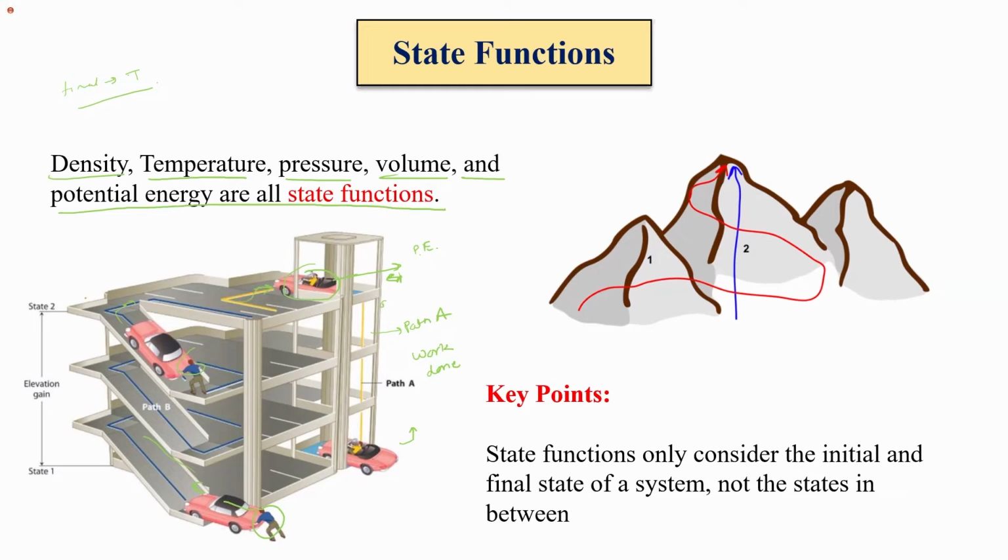This is path B. So the amount of work done will be different since they choose a different path. So work is a path function.